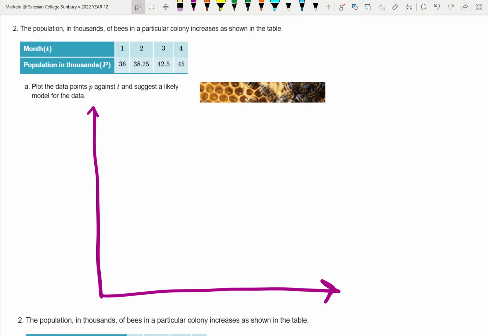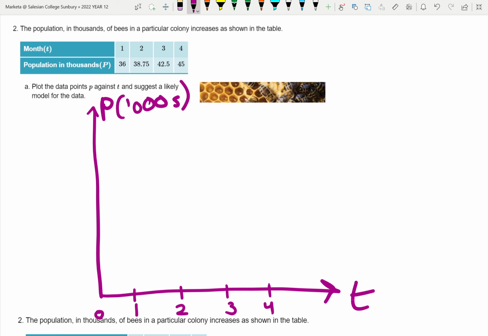So let's see. We have up to 4 months. So 1, 2, 3, 4. 0, and then we go in thousands. So I'll call this P in thousands, and I'll call this t.